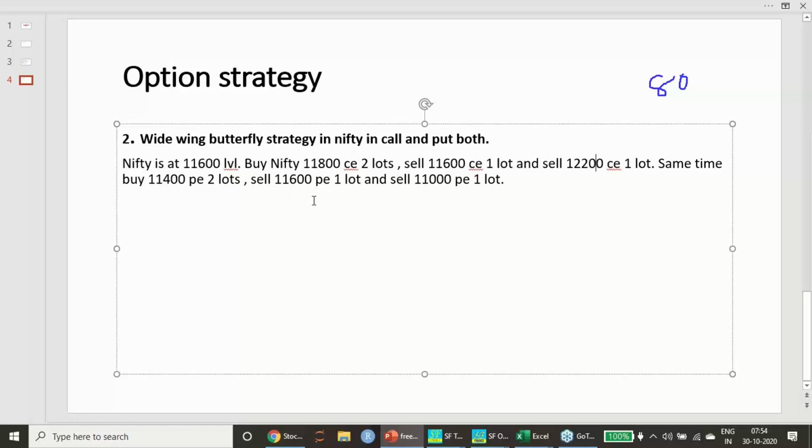Same way, you can form a put butterfly also. 11,600 put you can sell, 11,400 put two lots you can buy, 11,000 put option one lot you can sell. If you initiate this particular strategy, these two also have great profitability. If it comes to 12,200 level or 11,000 level, in both cases your profitability will be 9,500 to 11,000.